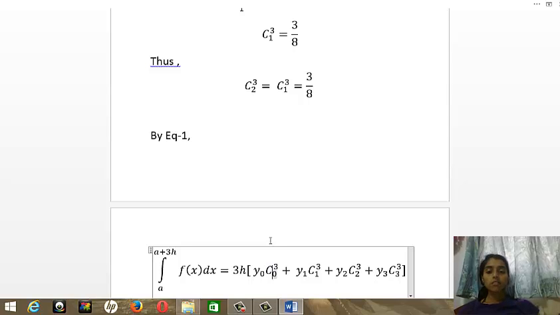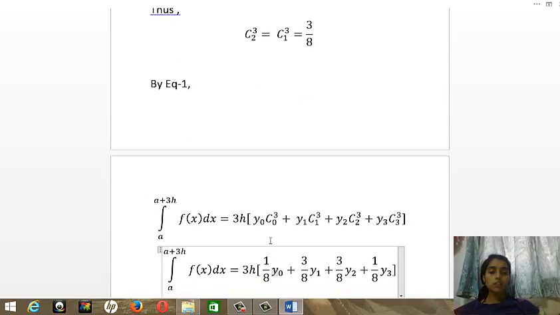Now putting these values of C0^3, C1^3, C2^3 and C3^3 in the equation, that is integration of f(x) dx from a to a plus 3h equals 3h bracket y0 C0^3 plus y1 C1^3 plus y2 C2^3 plus y3 C3^3.